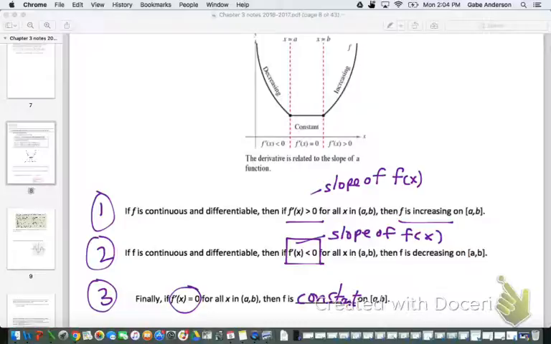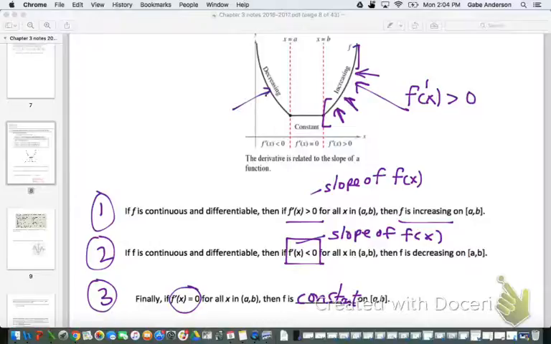So if we look up here at our graph and try to make this connection on this interval on the right, you can see that from here over to the end, f is increasing. And if you think about any point that we looked at in there, you would see that f prime is positive because the slope of f is positive.